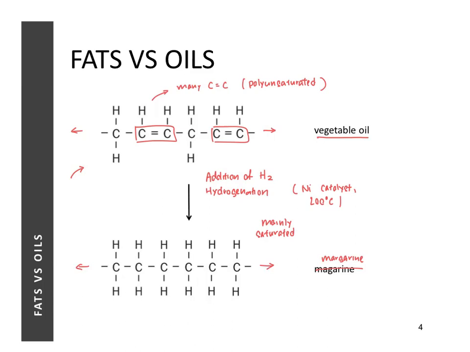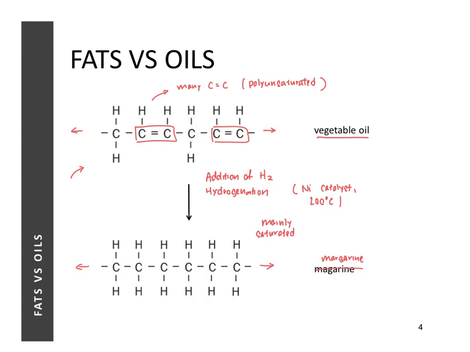Even though margarine contains mainly saturated hydrocarbons, it doesn't mean that it's not going to react with bromine. There can still be a tiny bit of molecules in there that did not get converted during hydrogenation.